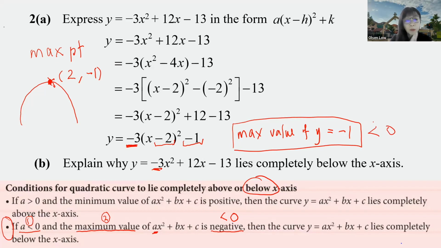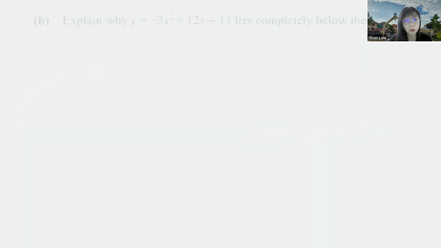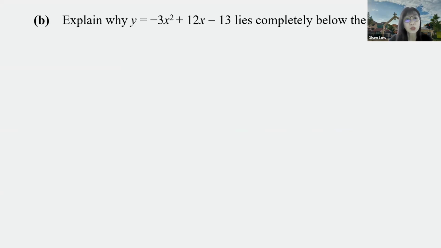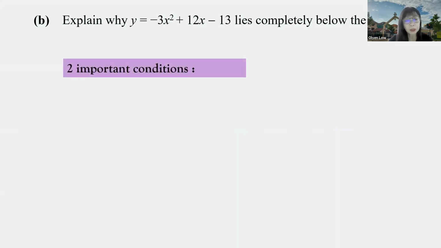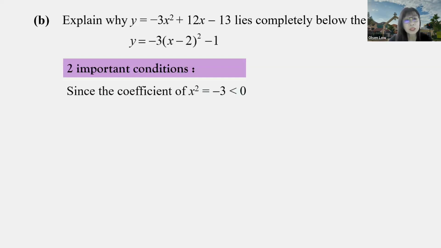With all this information, it is time for you to write down the proof, which is the explanation. We shall put all these things together. You're asked to explain, which means there are two important conditions that you have to mention based on this completed form. Since the coefficient of x² is equal to -1, this is less than 0.